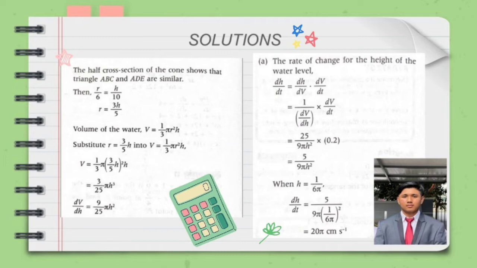In the slide that has been prepared, we can see that there is a half cross section of triangle, which is triangle ABC and triangle ADE.